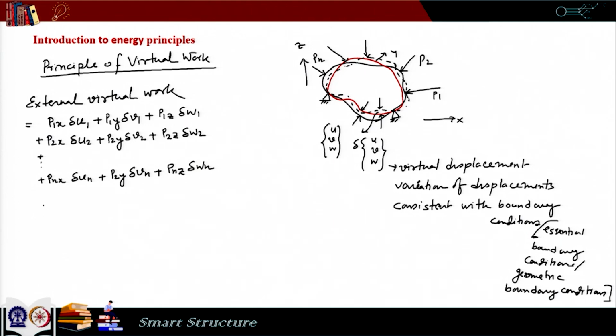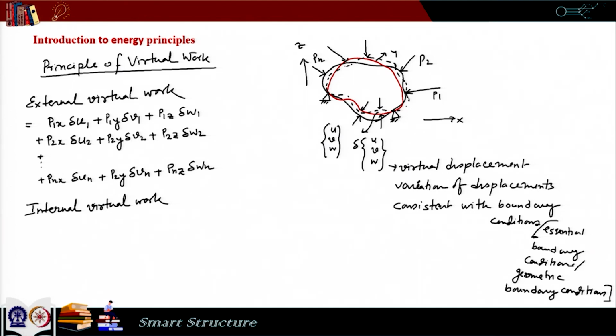Now, similarly, there is something called internal virtual work. Internal virtual work means it has stress components sigma xx, sigma yy, sigma zz, and all the shears, and the corresponding strains.